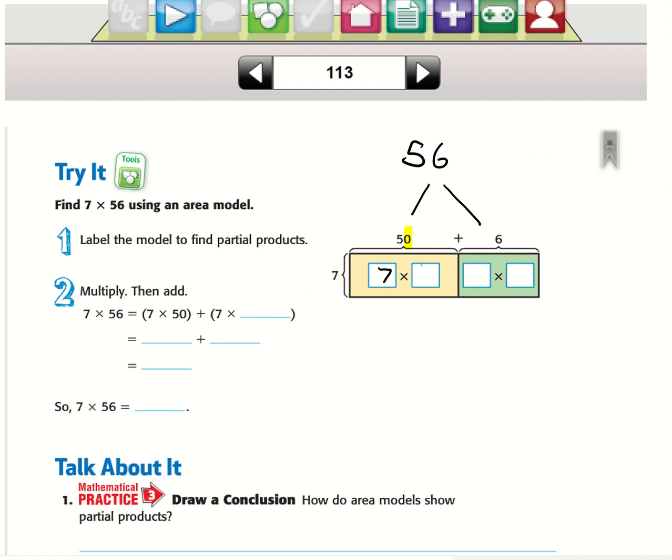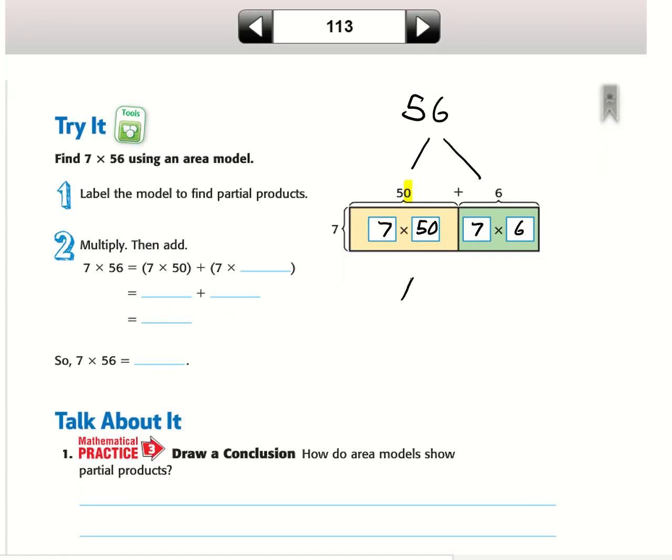So we have 7 times 50 and then 7 times 6. This is the area model. This is what you'll be doing for the homework, so make sure that we have a good understanding of the area model. I'm going to write down area model, that way you can always refer back to this when you're doing your homework. So number 2, multiply.